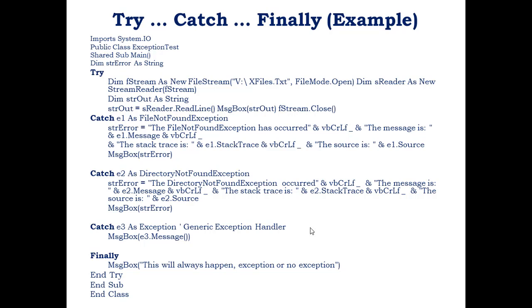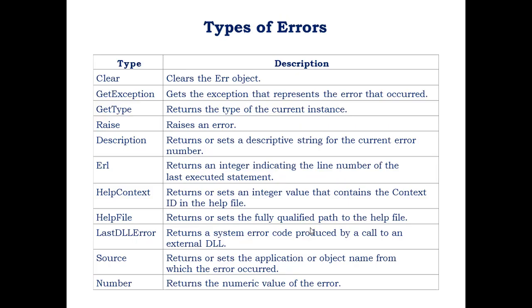The first catch is the default exception for a generic exception handler. The second is a different catch for another type of error. Finally, the message box will always appear, exception or no exception. Then end try, end sub, and end class. This is a better way to handle errors with VB.NET try catch finally.